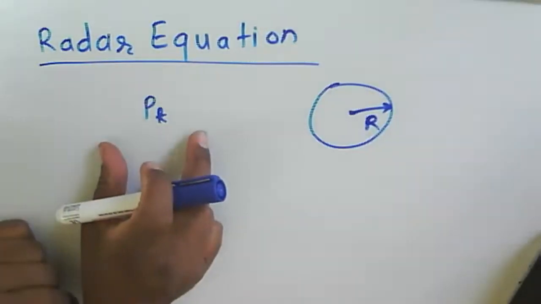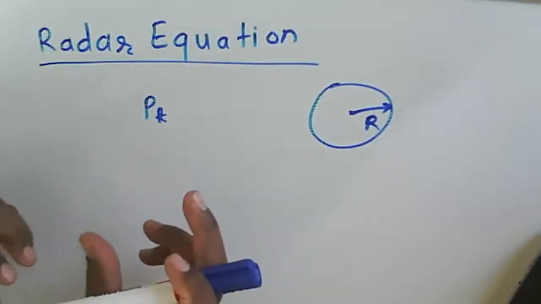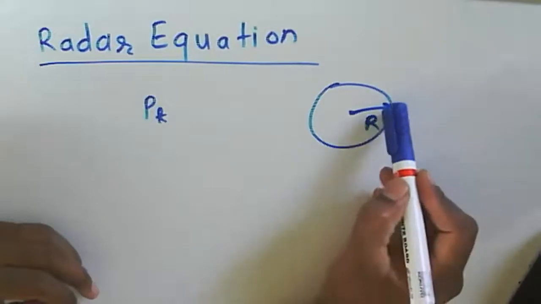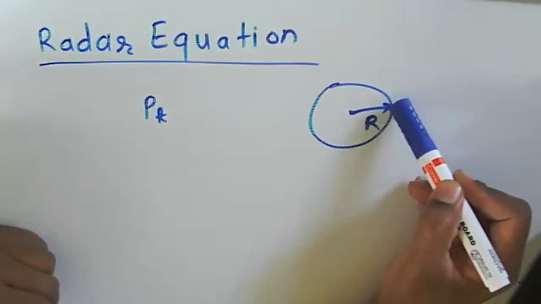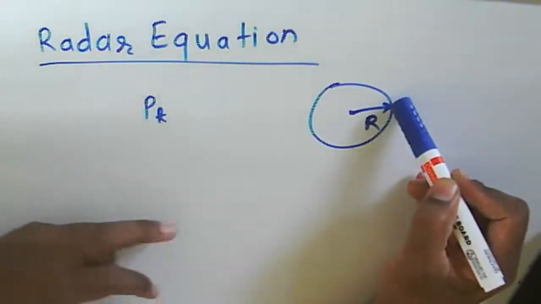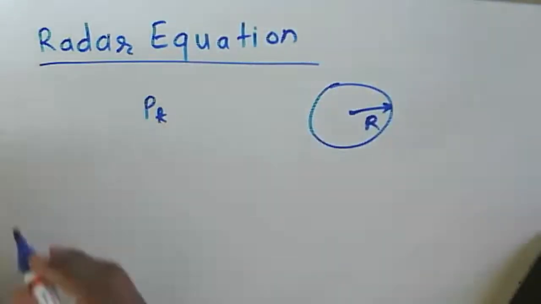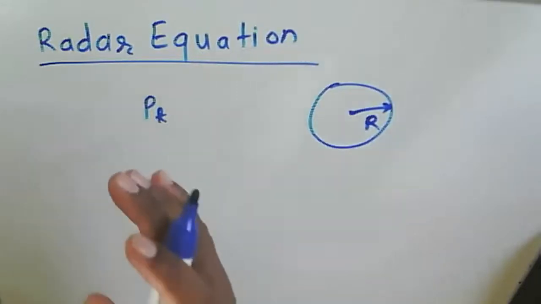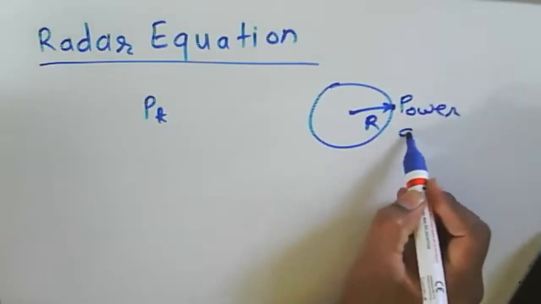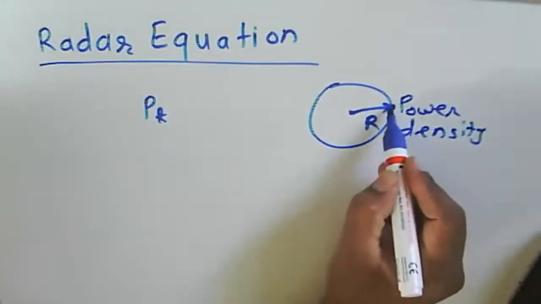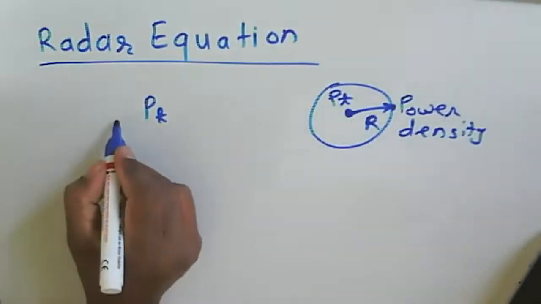From this transmitted power, we need to find the power density at a distance r from the radar, which is our device here. That is the power density at this particular point from the source, which is transmitting here.